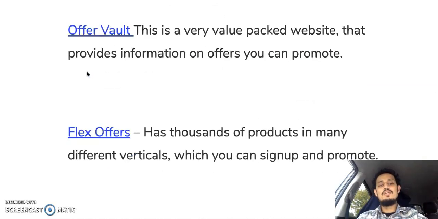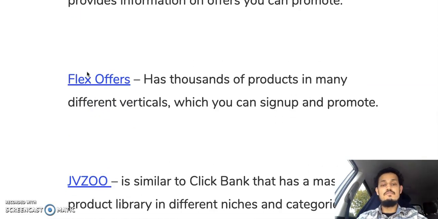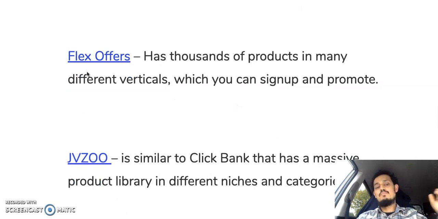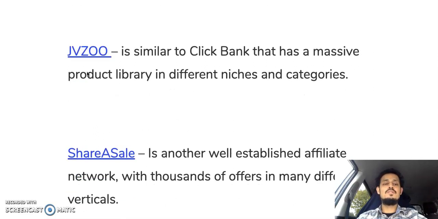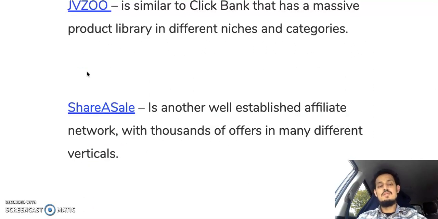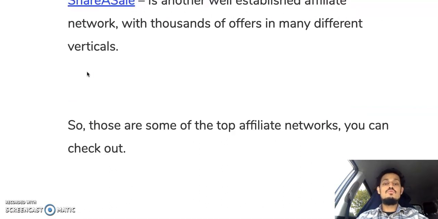FlexOffers has thousands of products in many different verticals which you can sign up for and promote. JVZoo is another one, similar to ClickBank, with a massive product library in different niches and categories. ShareASale is another well-established affiliate network with thousands of offers in many different verticals. Those are some of the top affiliate networks. There are loads of other ones out there that you can search out, but these are some of the top ones to start with.